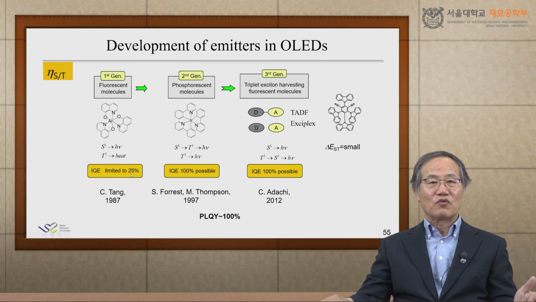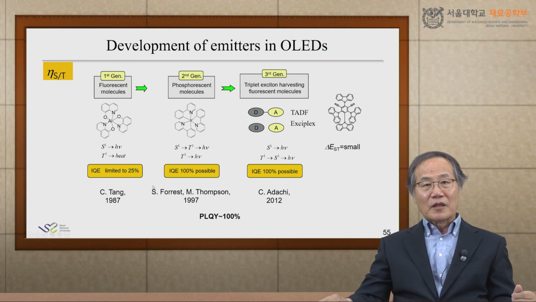Anyway, IQE is limited to 25% because this is a fluorescent molecule, and the triplets are converted to just heat. 10 years later, these two professors in USA reported this phosphorescent dye, iridium complexes, that this molecule has iridium heavy atoms, and then they utilize the heavy atom effect to enhance the spin-orbit coupling, to actually enhance the phosphorescence rate, the transition from the triplet to singlets by spin mixing process.